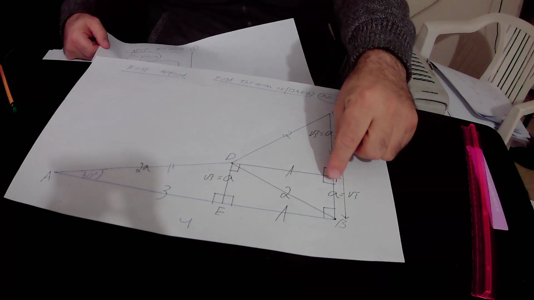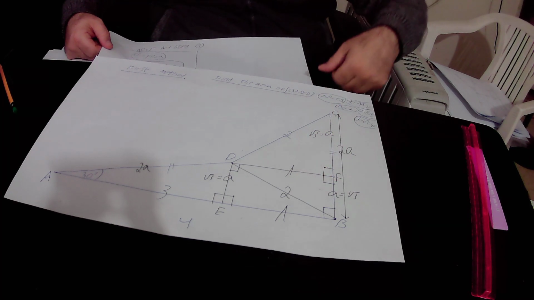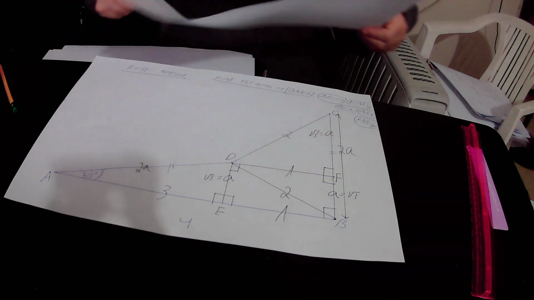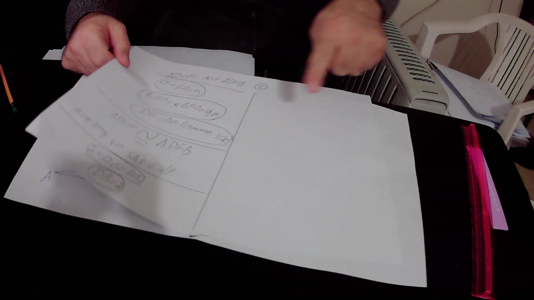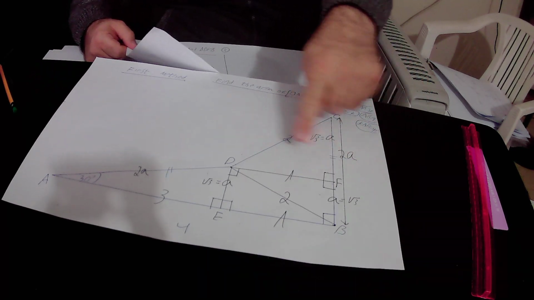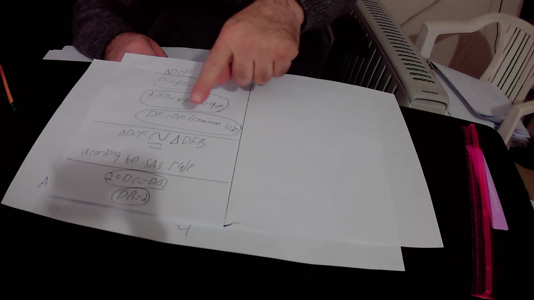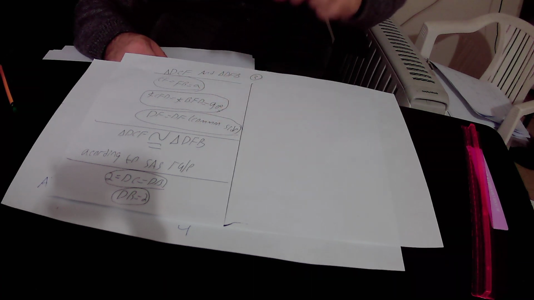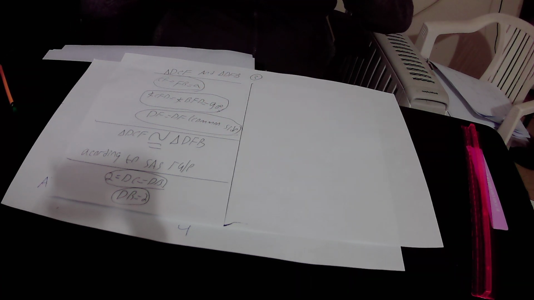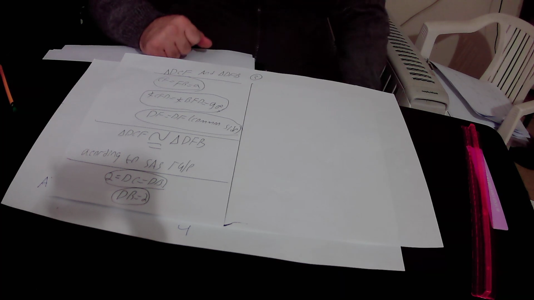Those two angles are equal to each other, they are both equal to 90 degrees. And we also have a common side, DF equals DF, which belongs to both triangles. Therefore, we proved that triangle DCF can go into triangle DFB according to the side angle side rule. Okay?